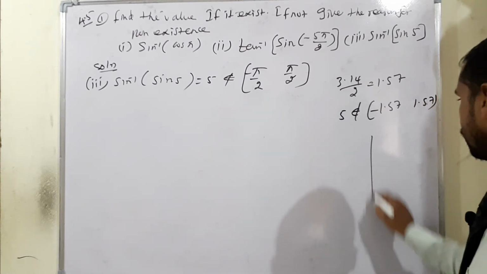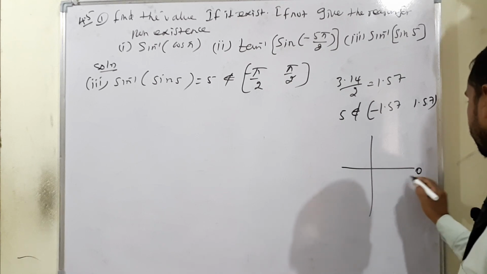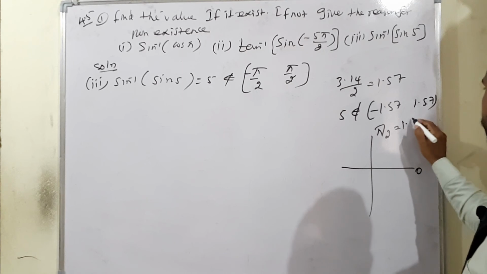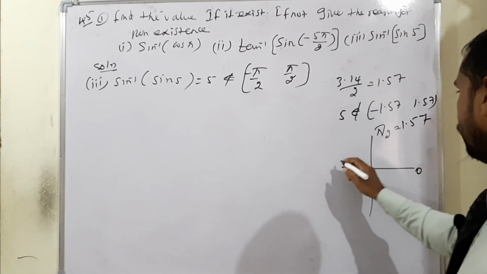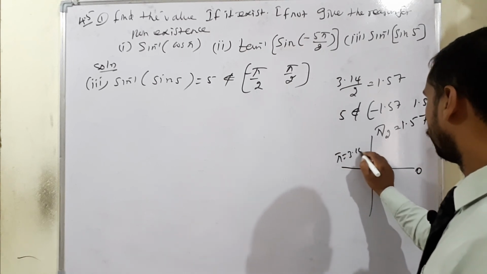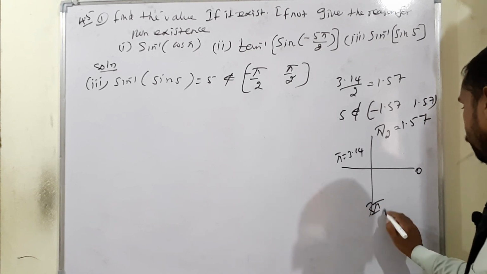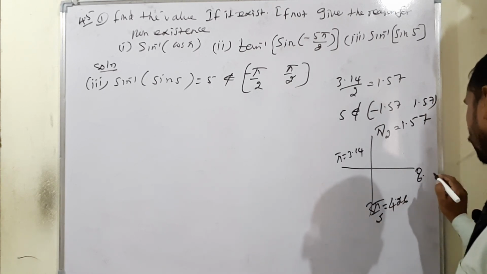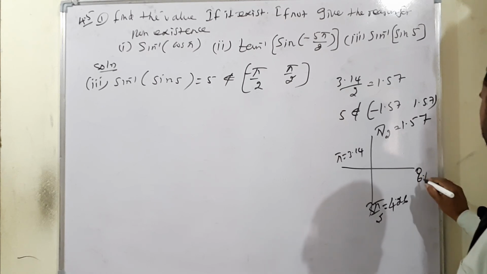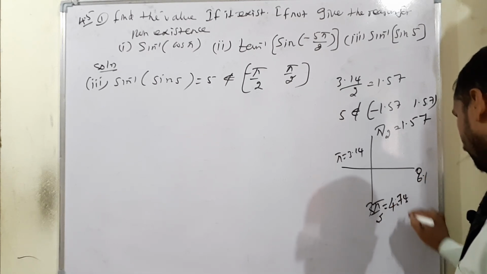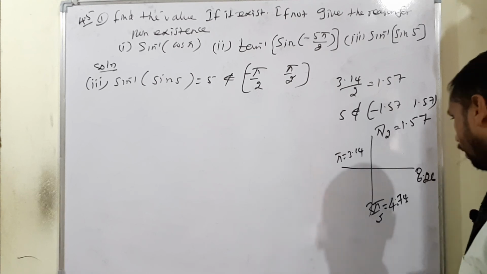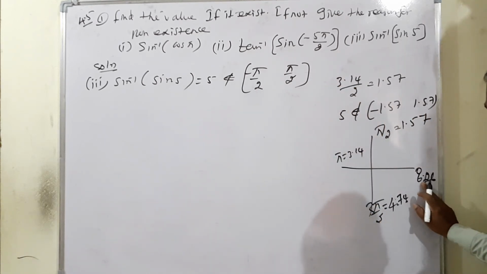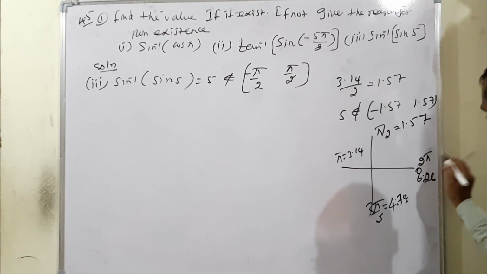How to rearrange? According to the unit circle: 0, pi by 2 means 3.14 divided by 2 means 1.57. There is pi, which means 3.14. 3 pi by 2 means 4.71, and 2 pi means 6.28. So actually pi lies in between 3 pi by 2 and 2 pi, isn't it?